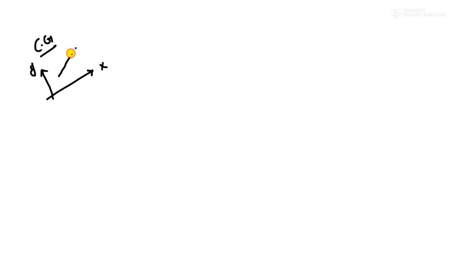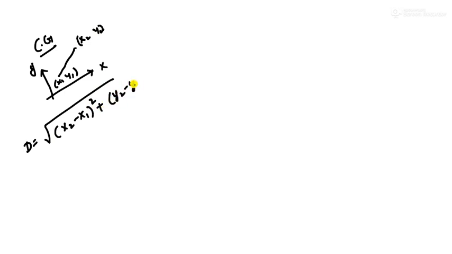For example, if there are 2 points x1 y1 and x2 y2, and we have to find the distance between them, we can find it using the distance formula, that is root of x2 minus x1 whole square plus y2 minus y1 whole square. And this point is called the origin, and the value of origin is 0 comma 0.